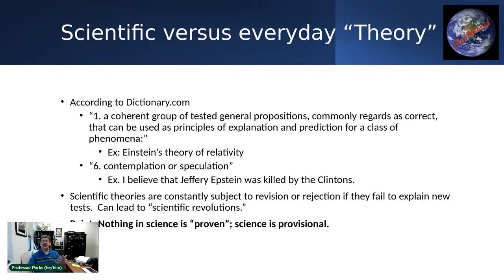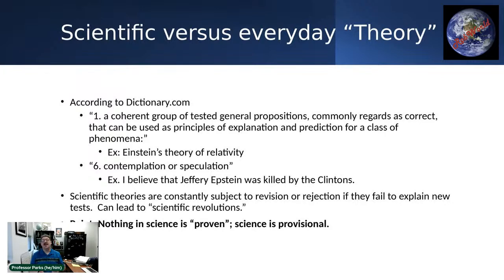Now, the most contentious term that I've found is theory. By contentious, I really mean misunderstood. I am going to go to the dictionary just to prove a point. According to the dictionary, I'm going to start off with number 6.